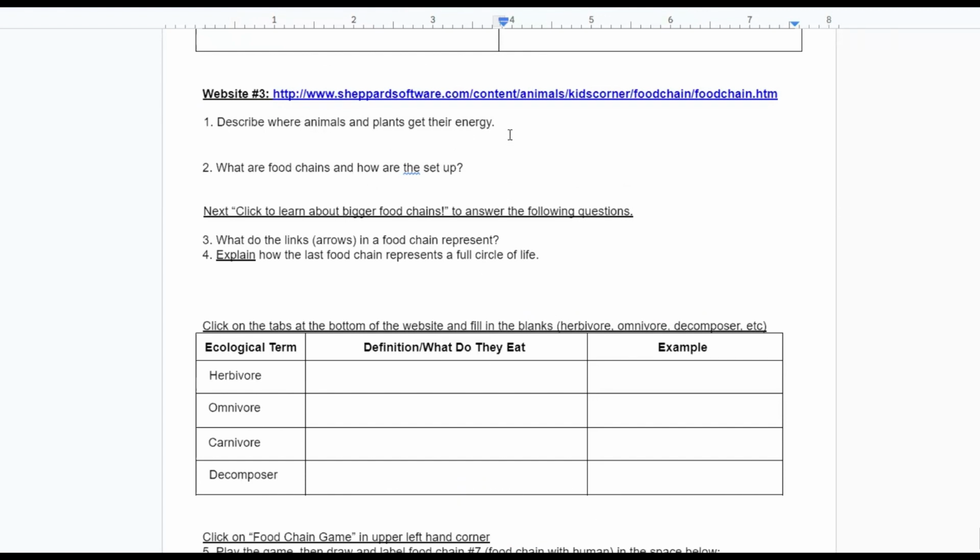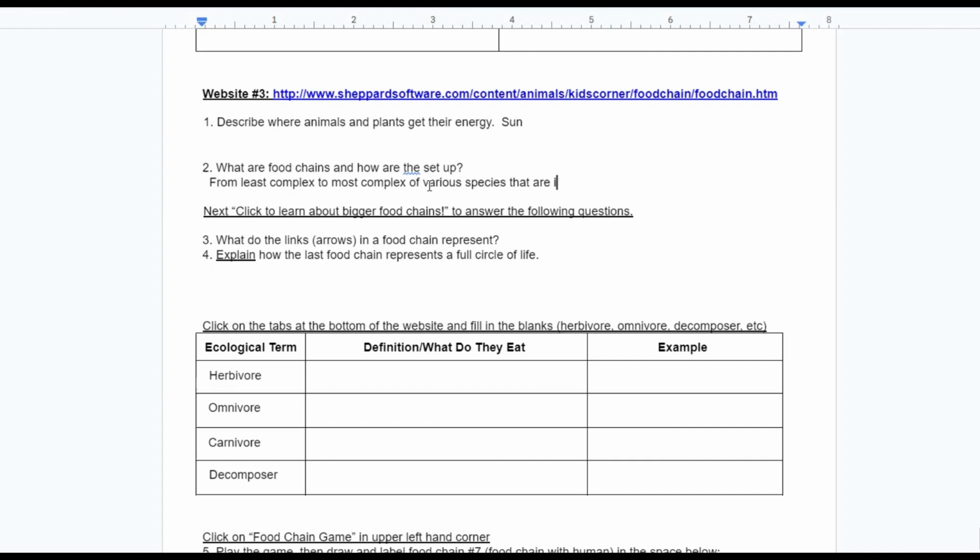Describe what animals and plants get their energy. All energy comes from the sun. I can even put that. What are food chains and how are they set up? Okay. From least complex to most complex. Okay. Yeah, that's pretty much okay. What are food chains? Okay. Various species that are interconnected.